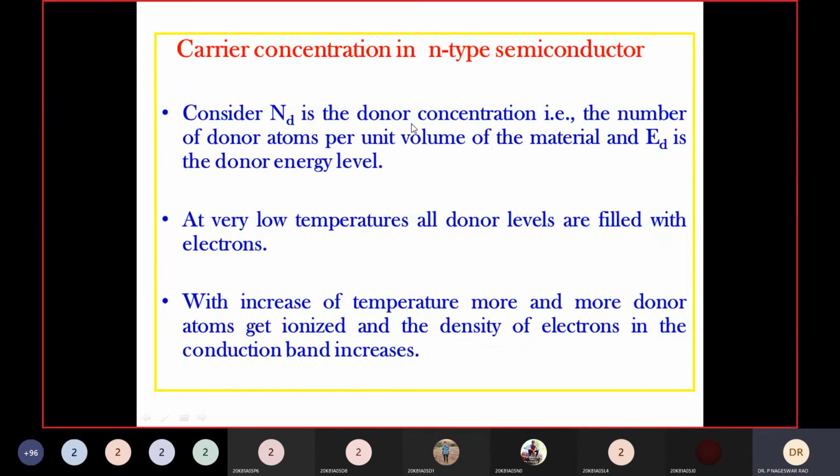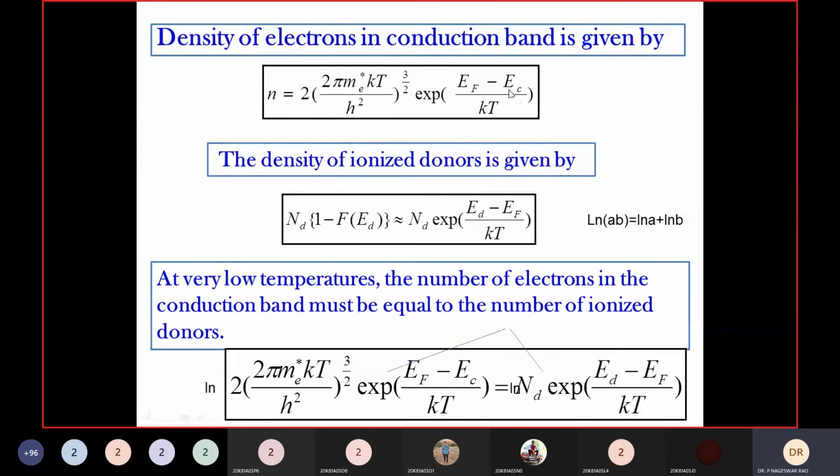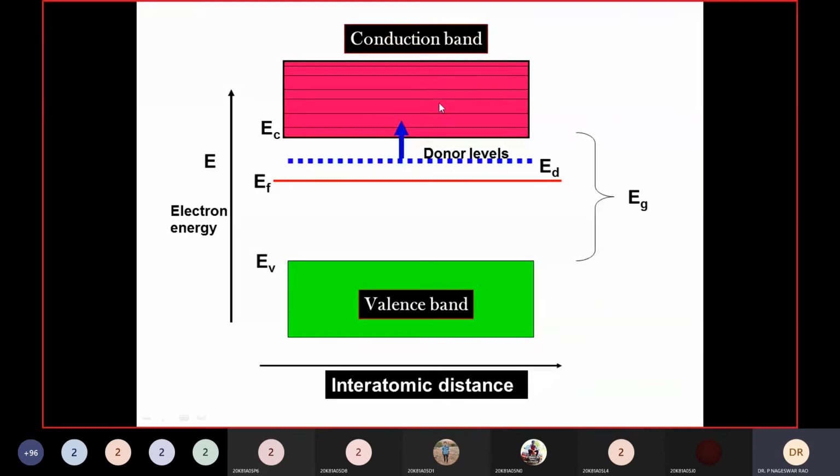If you take high temperatures, total electrons in the conduction band equal donor level electrons plus valence electrons also will come. At moderately low temperatures, very few electrons go to the conduction band from the valence band. So at moderately low temperatures, conduction electrons are only due to the donor level.